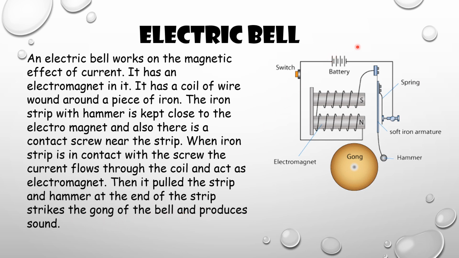So when current passes through it, it acts as a magnet, and at that time it attracts this strip to here. So at that time the hammer strikes on this gong, and we can hear the sound. Okay, so this is also very important. Study well.